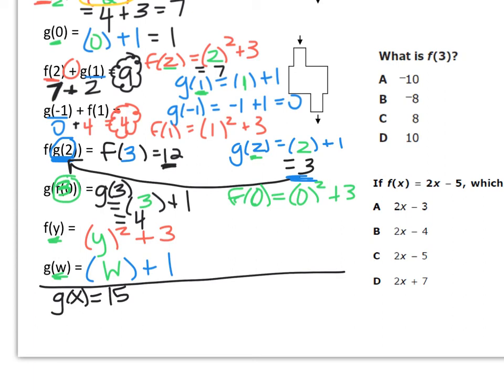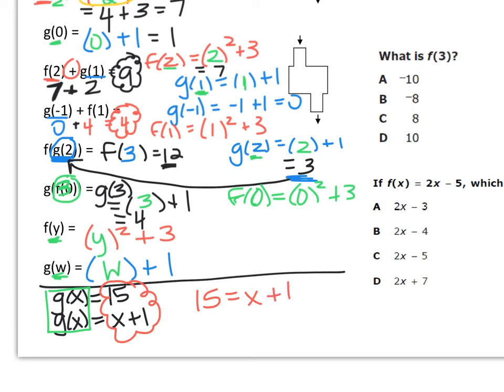It's not telling me that my input is 15, it's saying my output is 15. So let me write down g of x just right underneath here. So we said g of x is x plus 1. What do you notice about the left sides right there? Those are the same. Well, if those are the same, that means the right sides are the same. And when we say the same in math, we mean equals. So 15 equals x plus 1.